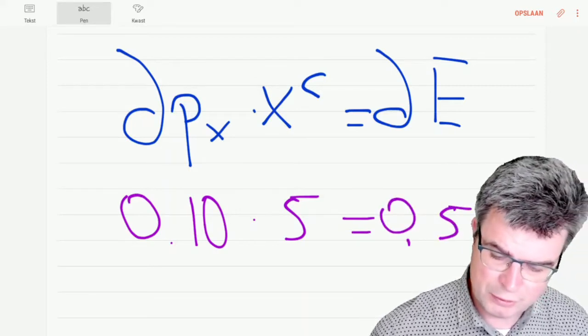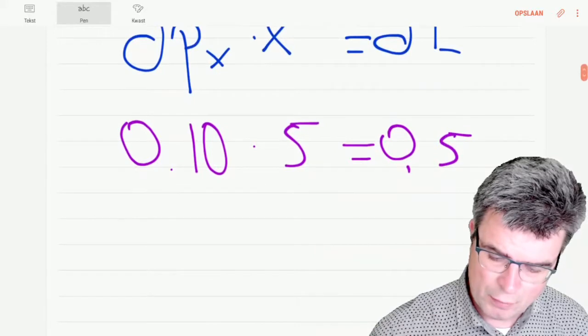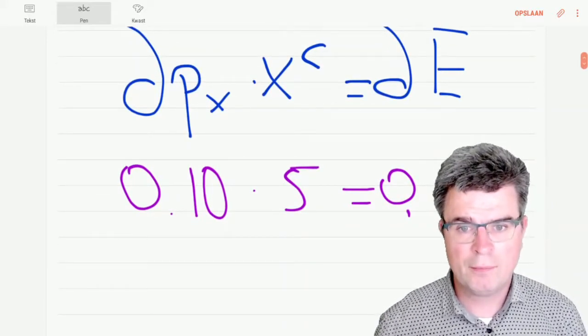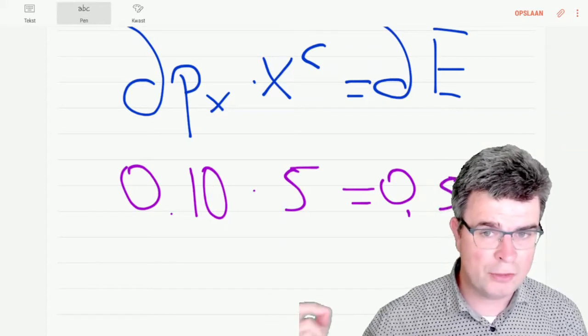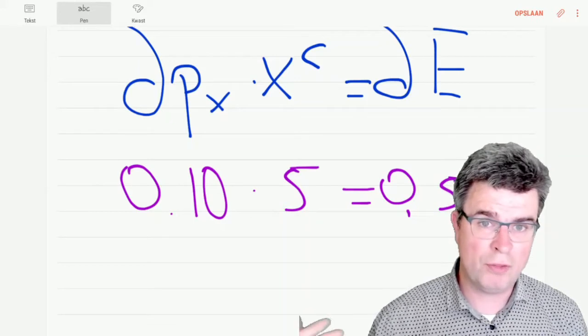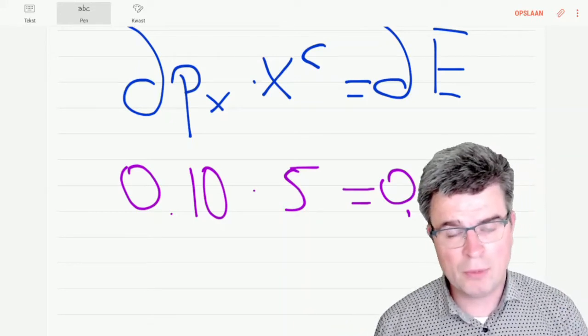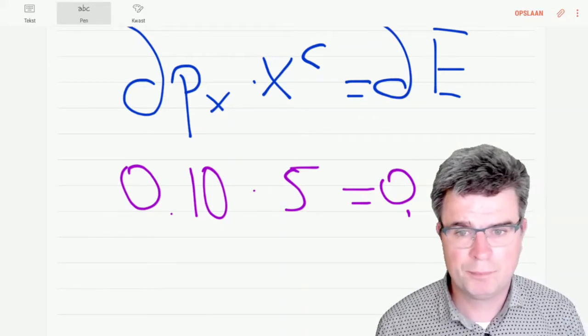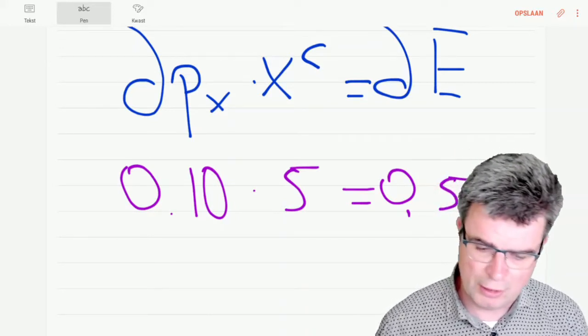50 cents. So stated differently, if I know that given a small change in price of say 10 cents, my total expenditures change by 50 cents, then I can back out that apparently I bought 5 ice creams, because that leads to that change.